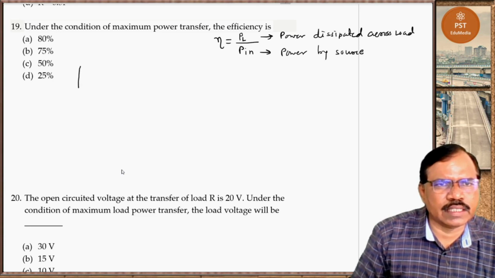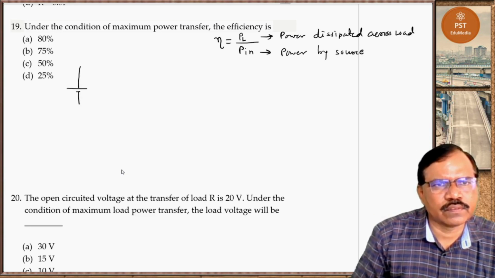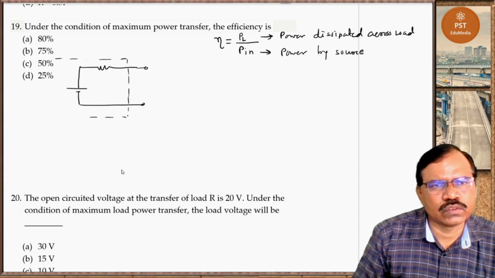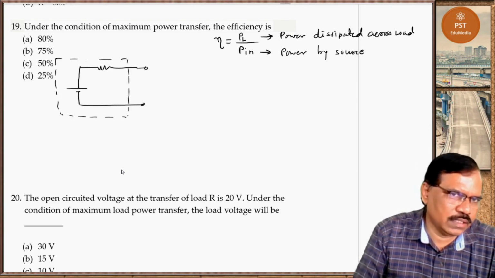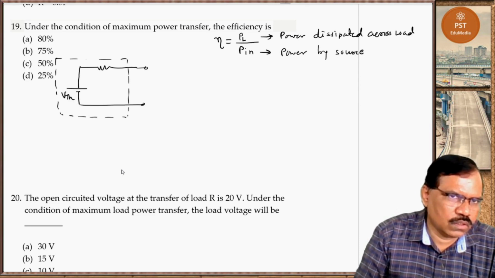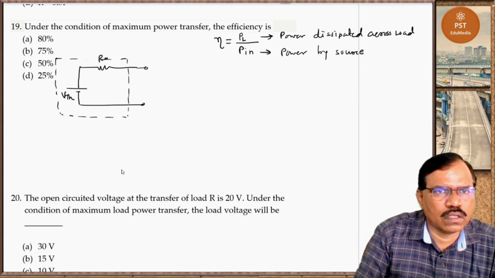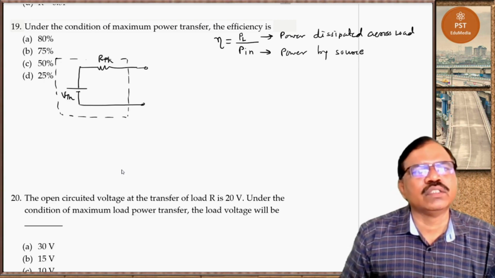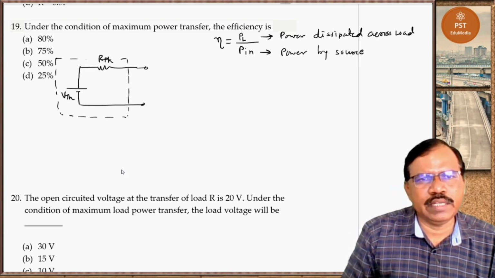Suppose we take this circuit. So this is the source. You can take the equivalent Thevenin. So RTH is the internal resistance of that Thevenin source.